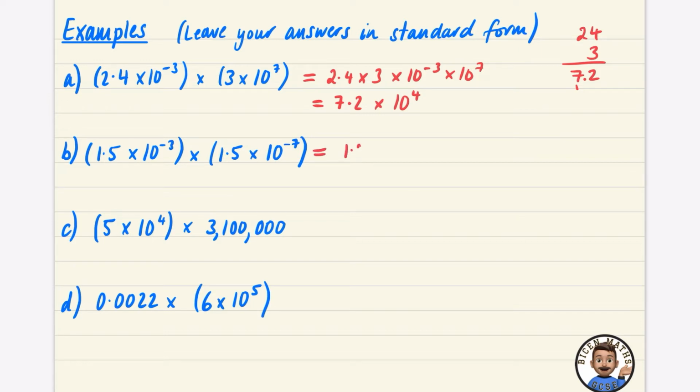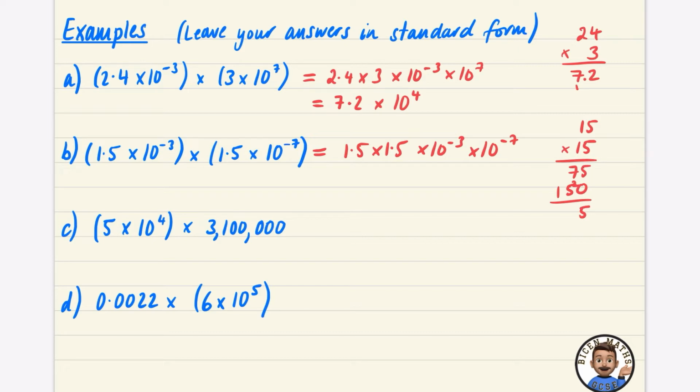Now for this next one, I'm going to do the 1.5 times the 1.5, and then the 10 to the minus 3 and the 10 to the minus 7. Instead of doing 1.5 times 1.5, I'm going to do 15 times 15. You should know what 15 squared is, but let's quickly work this out. 5 times 5 is 25, carry the 2, 5 times 1 is 5, and add on the 2 is 7. Then 1 times 5 and 1 times 1 is 150.